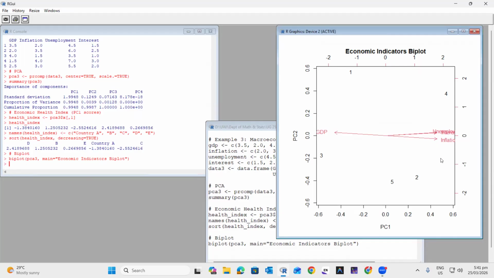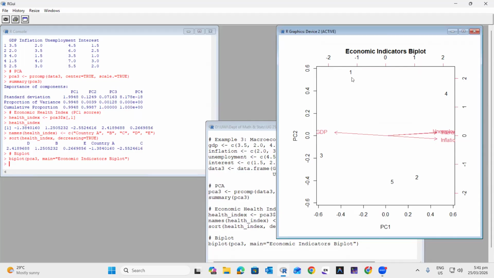Okay, so how we are going to interpret from the countries' point of view? So country one, top on left. Okay, this one has the high GDP, low inflation and unemployment.